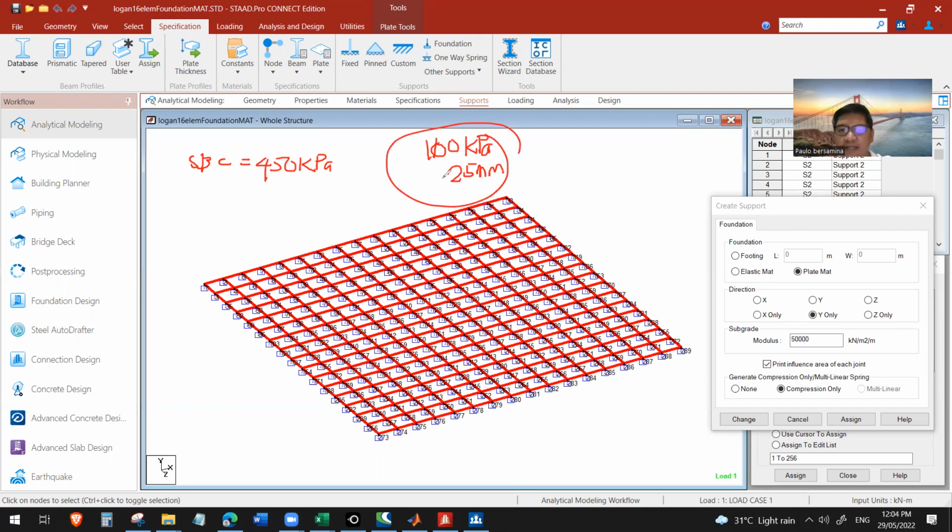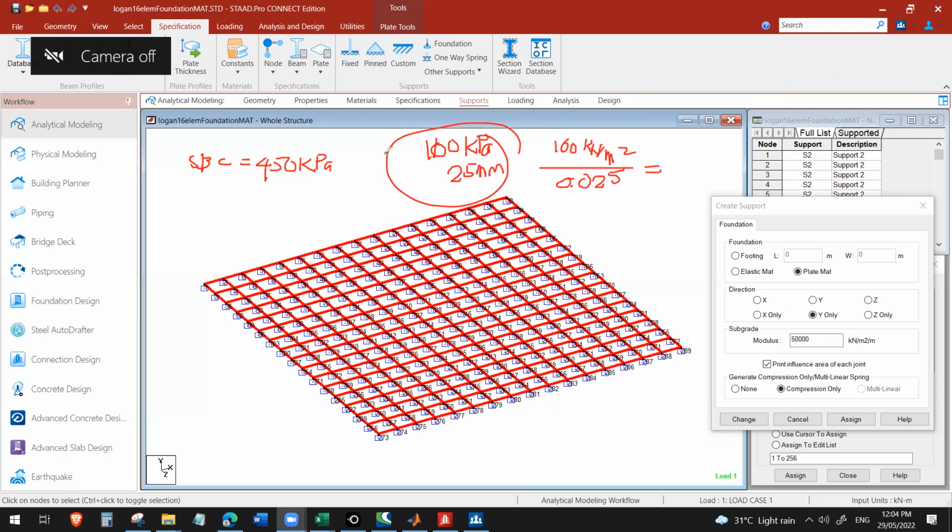So, that means 100 kPa, kilonewton per square meter. So, with an allowable of, say, 0.025. Ayan, kung makukumpute mo na yung subgrade modulus, 100 divide 0.025. So that's 4,000.